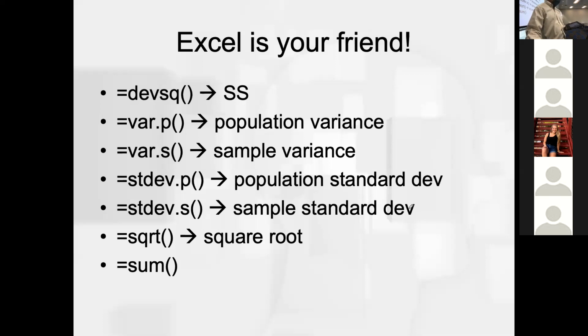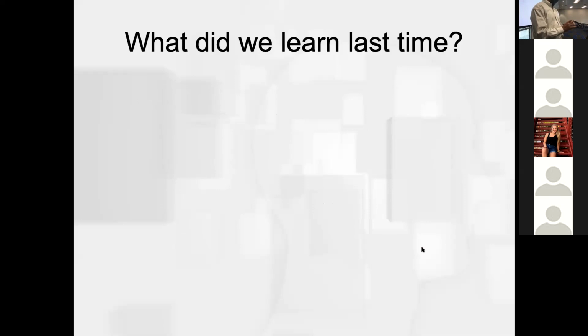So, what did we learn last time? And what is standard deviation? And when you say standard distance, what is that standard referring to? Standard for what? Yeah, it's essentially the average distance from the mean. Exactly.